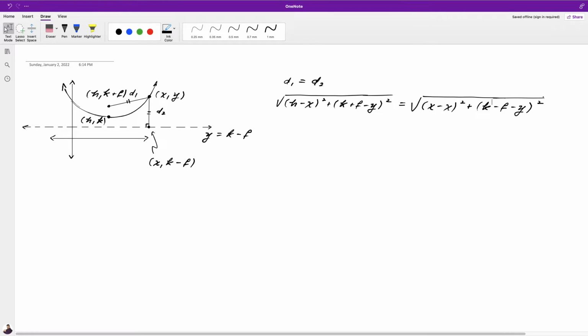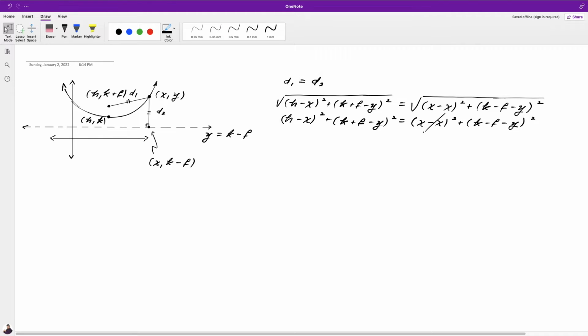So let's go ahead and square both sides, and that's quite simple. We just take the radical away, and we're going to get the following. And obviously this is going to be 0.